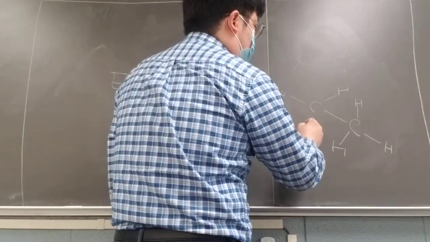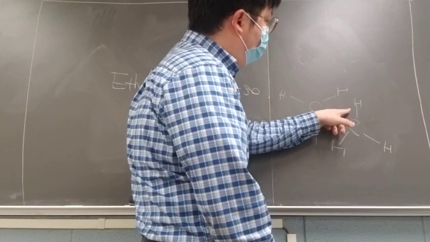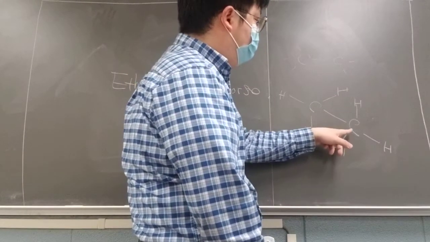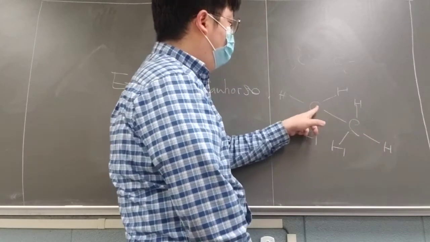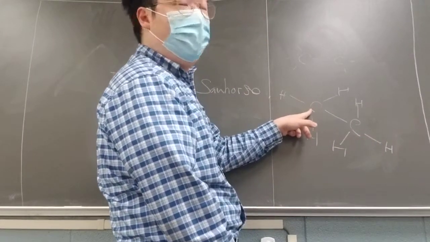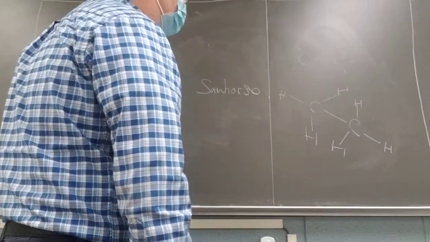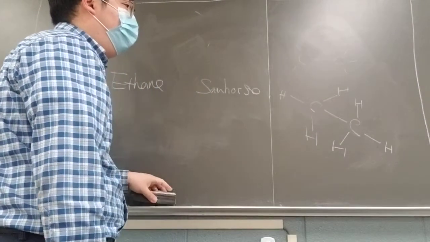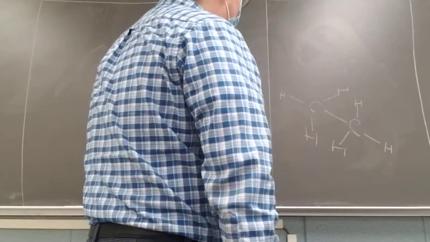So this is what we call the sawhorse representation. You can actually tell the bond angle from this carbon to this hydrogen, and also the carbon on the back and the hydrogen here. This is pretty good, but not so ideal.